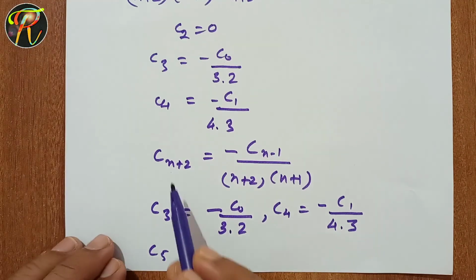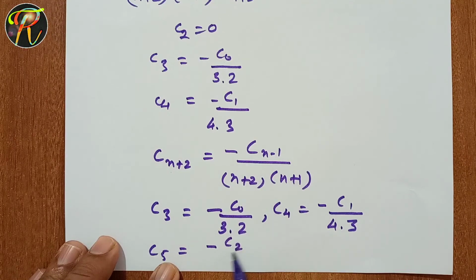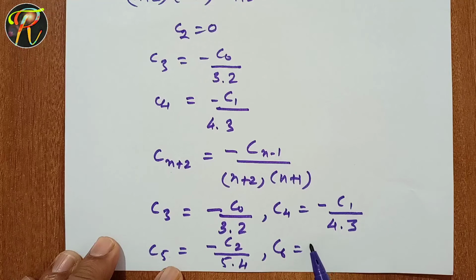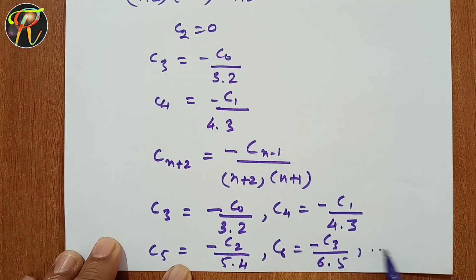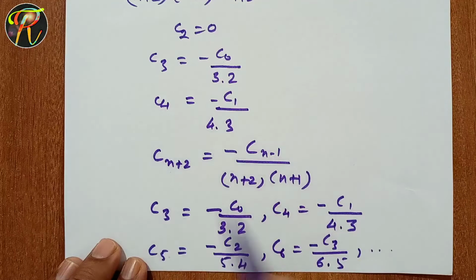If we put n is equal to 3, it is minus C2 upon (3+2) into 4, that is 5 into 4. C6, for n is equal to 4, is minus C3 upon 6 into 5. So this is very easy to calculate. It means we can calculate all the constants by the general condition, that is, the coefficient of x to the power n.